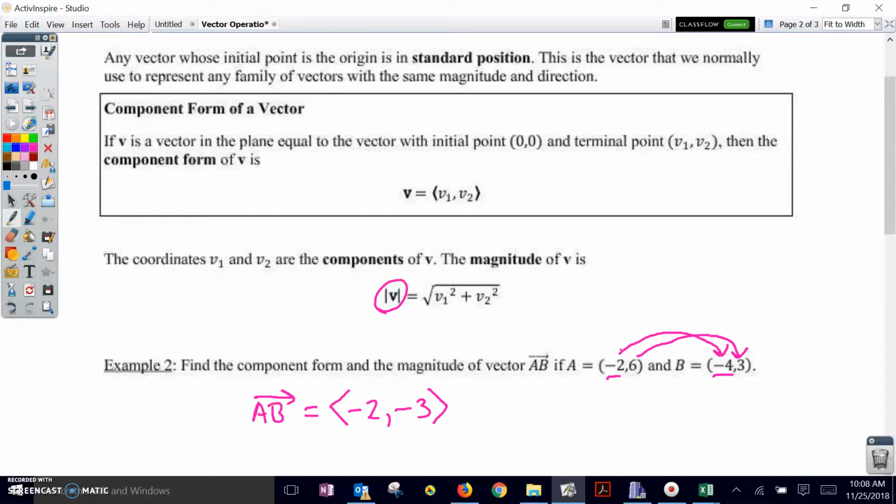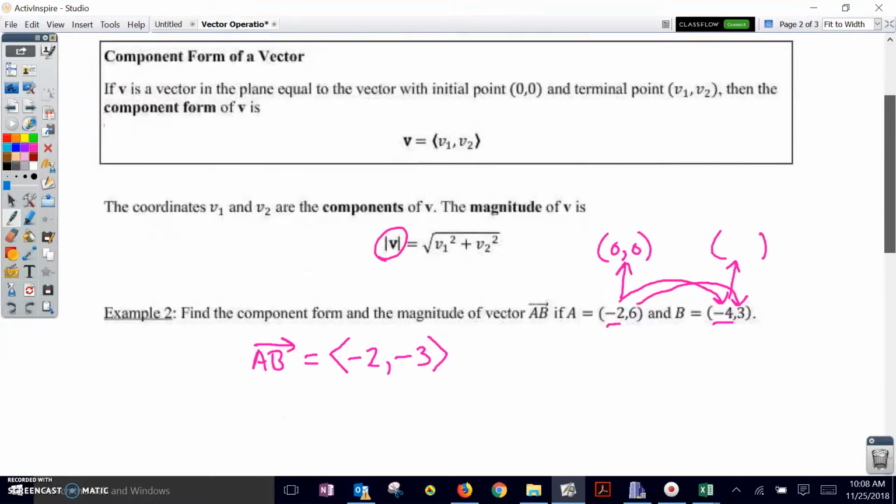And this is basically what happens if I would transfer point A and move it to the origin. Where would point B move if I slid that whole vector and moved point A over to the origin? Well, I moved it right 2 units to the origin and down 6 units. So I moved this point right 2 units and down 6 units. And that gives me my terminal point and my component form for this vector.